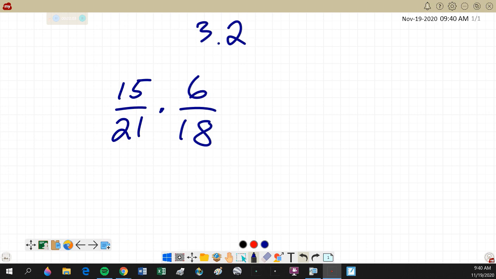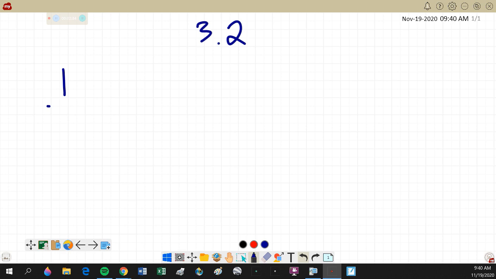So do you see anything on top that will cancel something on the bottom? 6 goes into 18 3 times. And 3 goes into 15 5 times. And then the top will just be 5 times 1, and the bottom will be 21 times 1. You guys understand that? Okay.